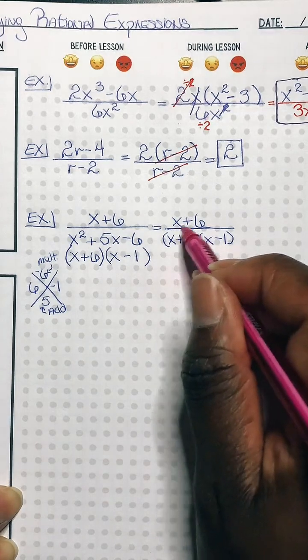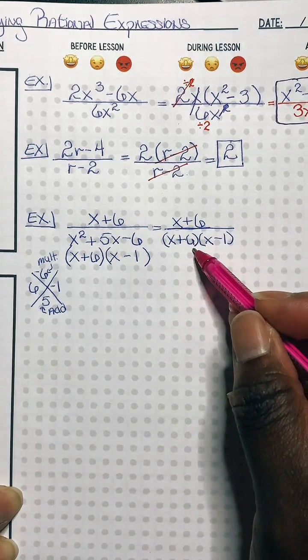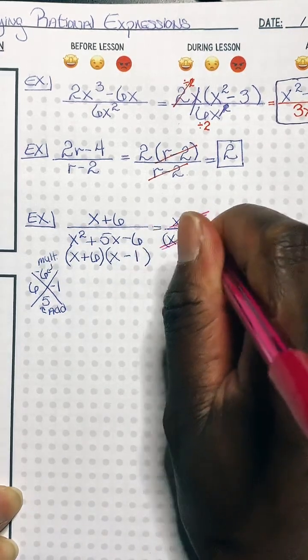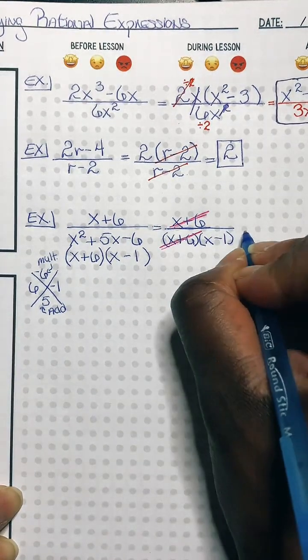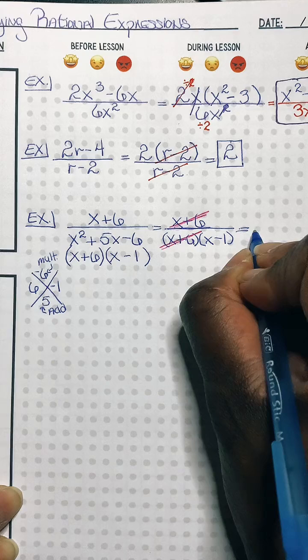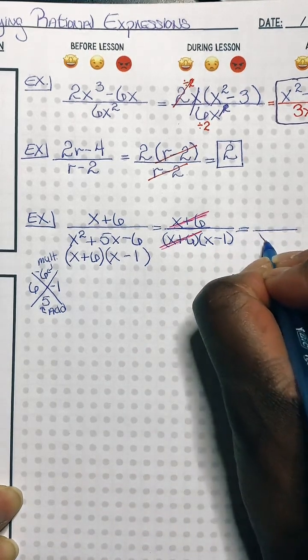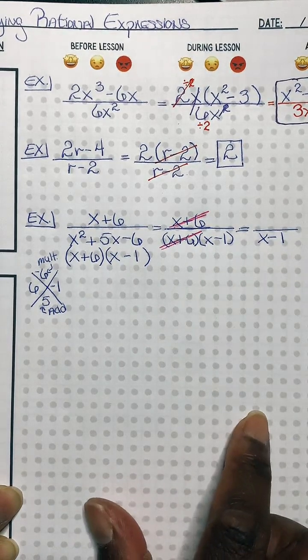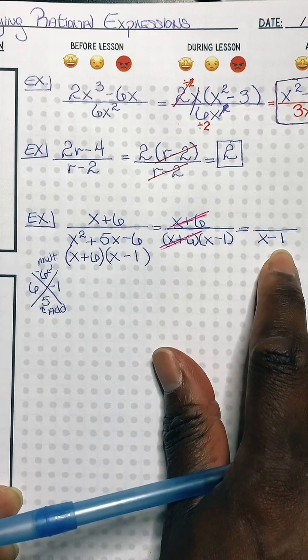All right. So, x plus 6 in the numerator. X plus 6 in the denominator. They can cancel out. Okay? That's going to give me my 1. So, for the denominator, what's left over is what I saw like, I don't know, 20 million messages ago. You will see x minus 1.